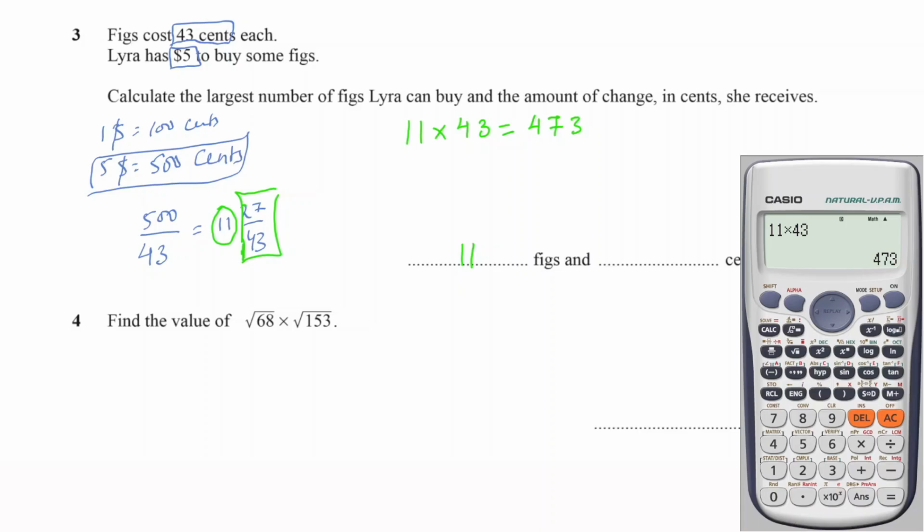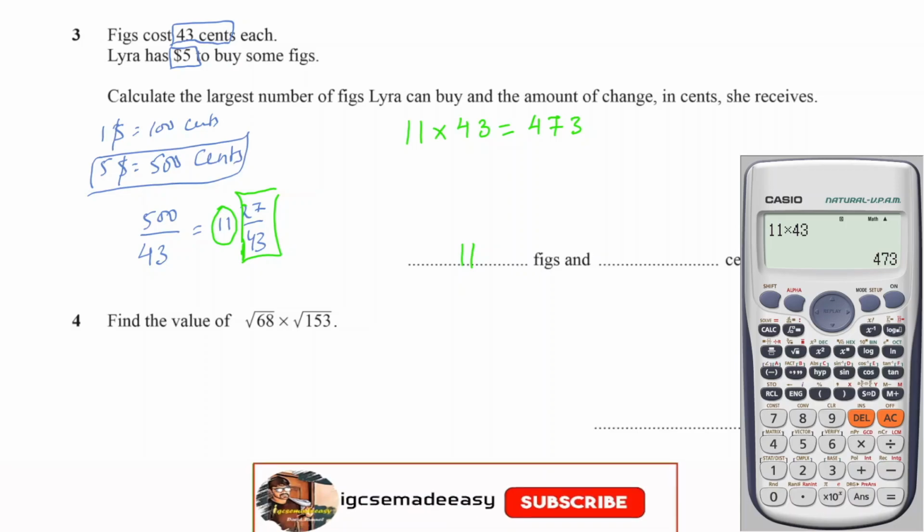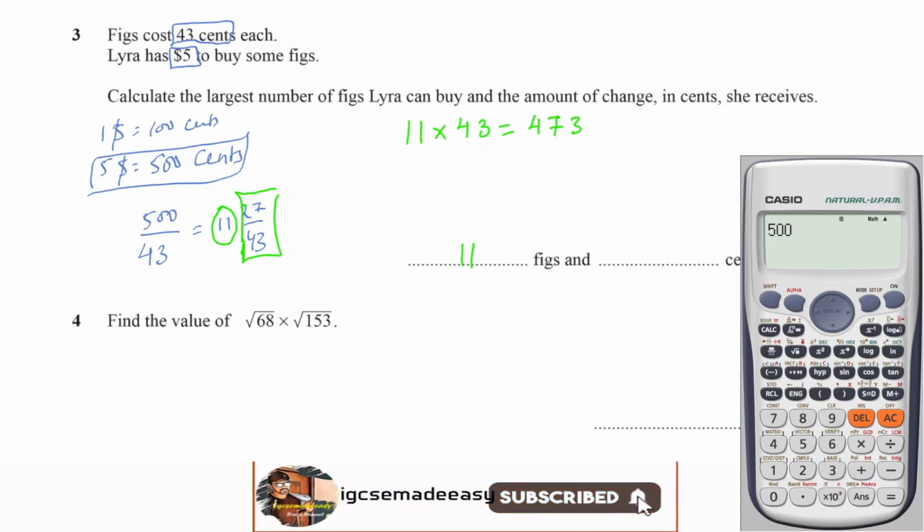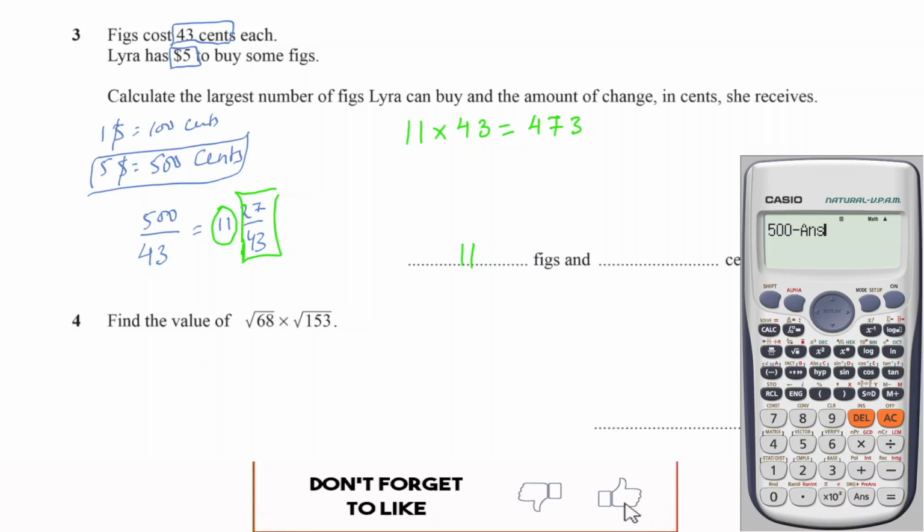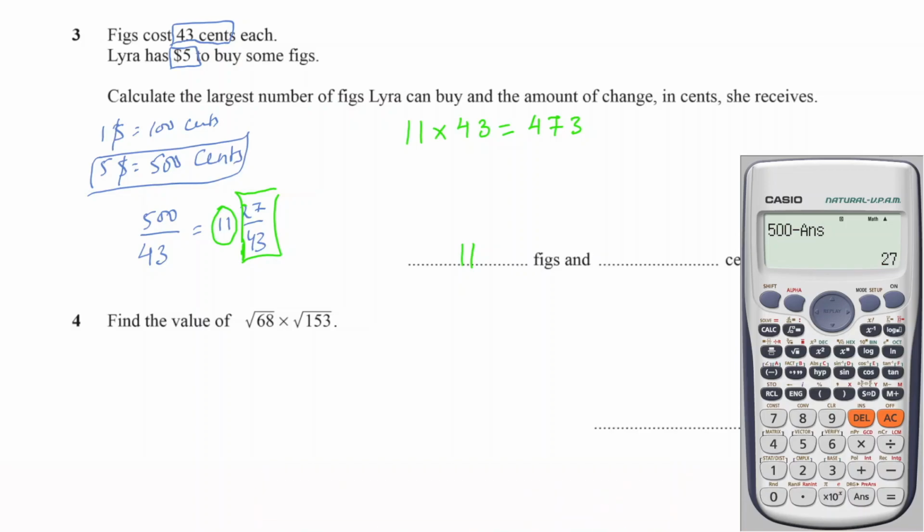So how many cents will she be getting back? The total money that she has is 500. So 500 minus 473 gives you 27 cents. So if she buys 11 figs, she will be getting back 27 cents.